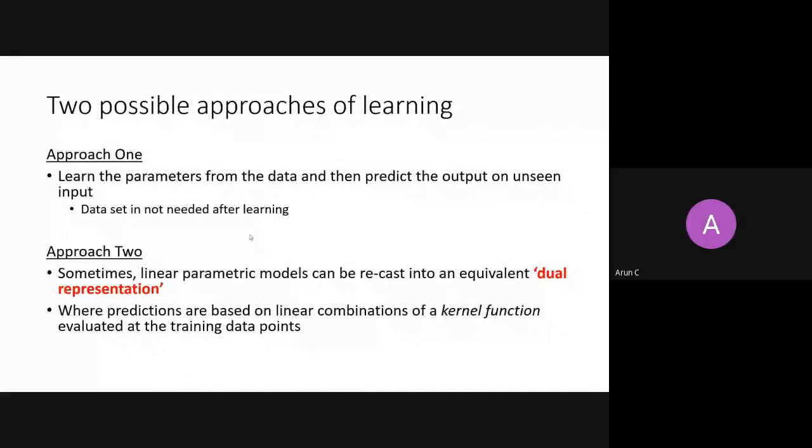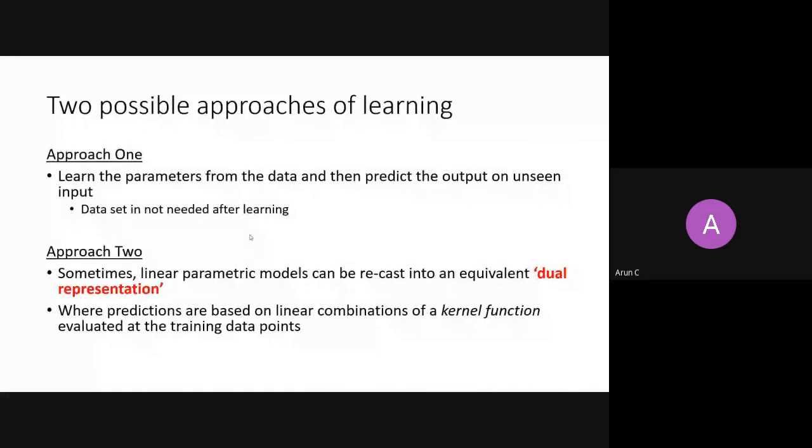So the quick revision is that we were trying to see what kernel methods are and how to use them. Before that, we talked about two approaches to train the model and then do prediction. One approach is we learn the parameters and then throw away the data.